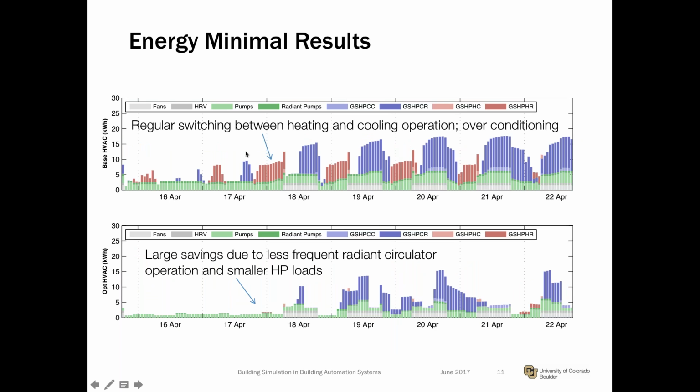The energy impact of the different operations shown here, you see on the top, the same week you see large blue bar graphs for cooling consumption and red for heating.